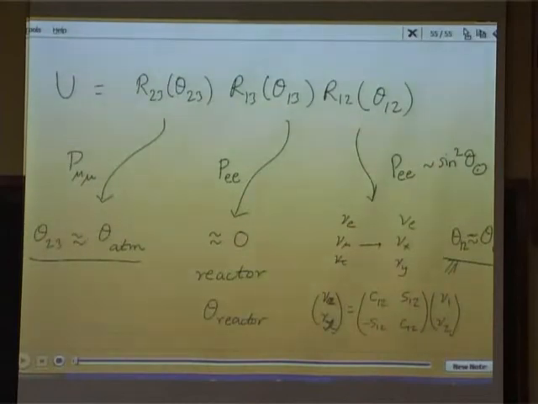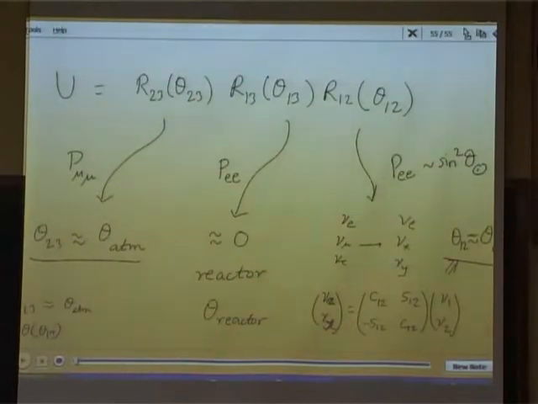So actually, you would say that theta 2 3 is perhaps approximately equal to theta atmospheric. Theta atmospheric is theta 2 3 plus something which is of the order of theta 1 3. It is some correction, which I will ask you to calculate next week.